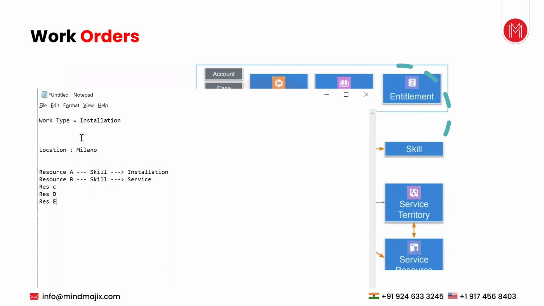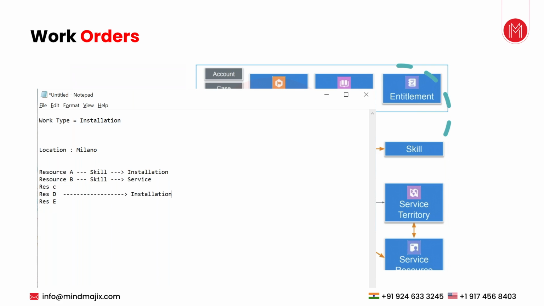So what my system will do: my customer Christina is from the Milano location. I'll check how many resources are available today. There are five resources available today. I'll check their skill sets. Which particular resource has the skill set of installation? I'll do one step of filtering. So out of five, let's say D also has the skill set of installation.